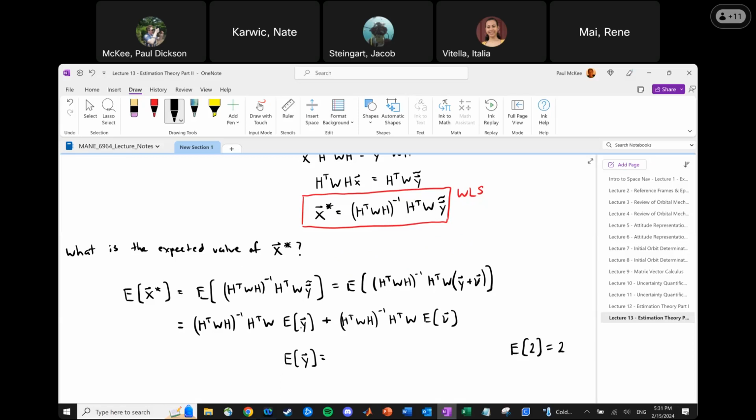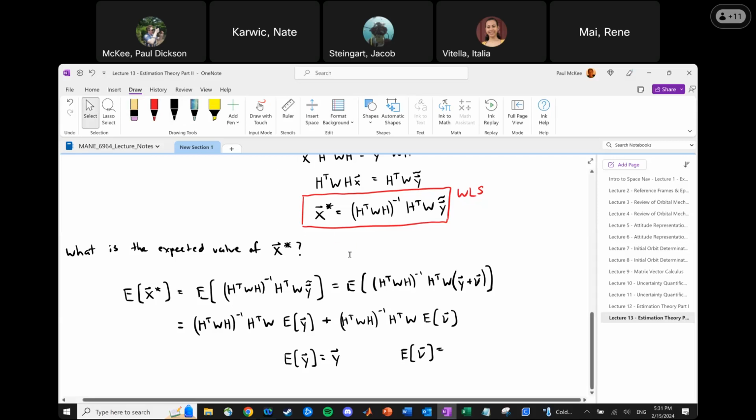The expected value operator leaves things alone if they're not stochastic. The expected value of y is just itself. But not so for the expected value of nu. Remember that nu, which is our noise vector, is a random variable, and we've actually already said what its expected value was, and that is, oh, maybe that was in the last lecture.